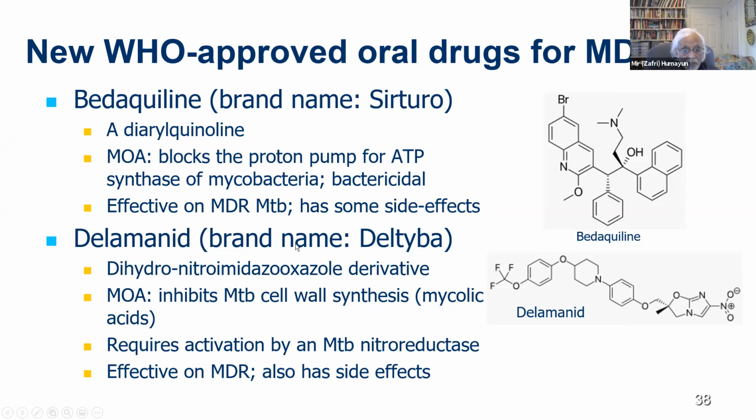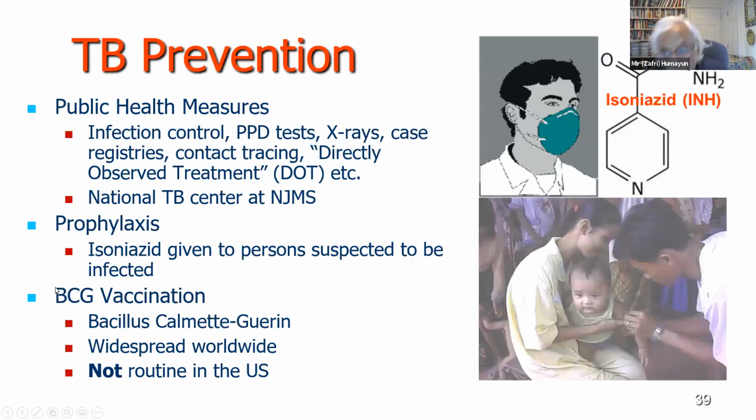Delamanid has a different mechanism of action. It inhibits cell wall synthesis, mycolic acid synthesis. It's also quite effective, but it also has side effects. Okay? But both of them have been approved for treatment of MDR TB.